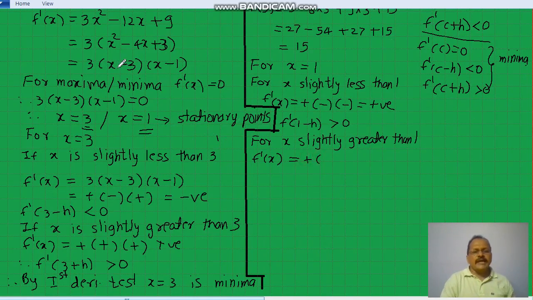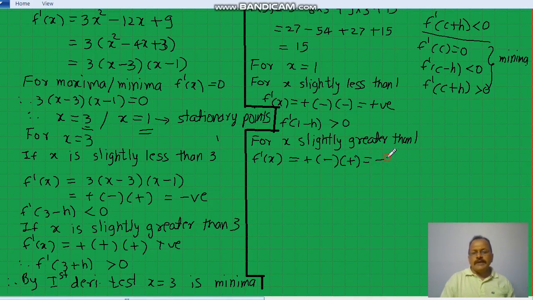Now a number slightly greater than 1 minus 3 gives you a negative number, and slightly greater than 1 minus 1 gives you a positive number. So it is a negative number.